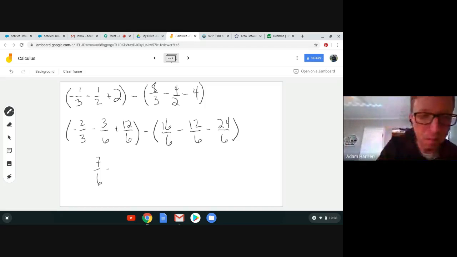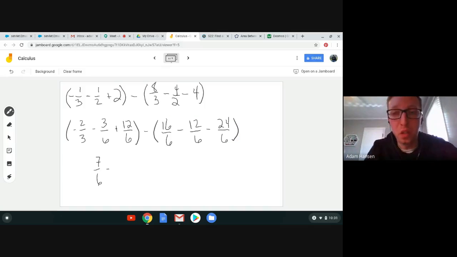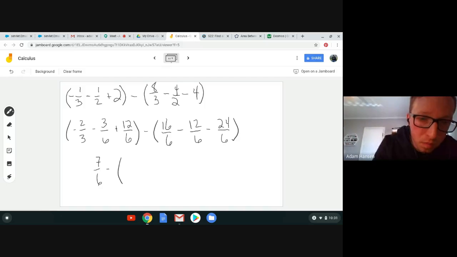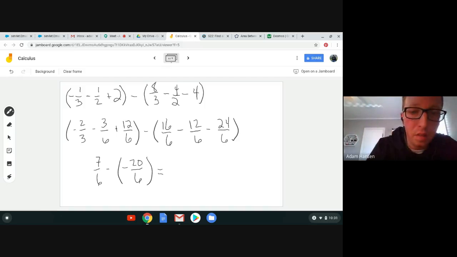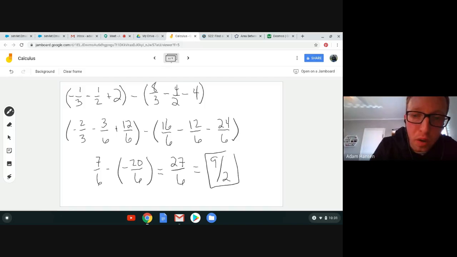Minus whatever I get when I simplify this part. 16 minus 12 is 4. 4 minus 24 is -20 sixths. 7 minus -20 is a positive 27 sixths. I can reduce that, divide it by 3, so that's going to be 9 halves, or 4.5.